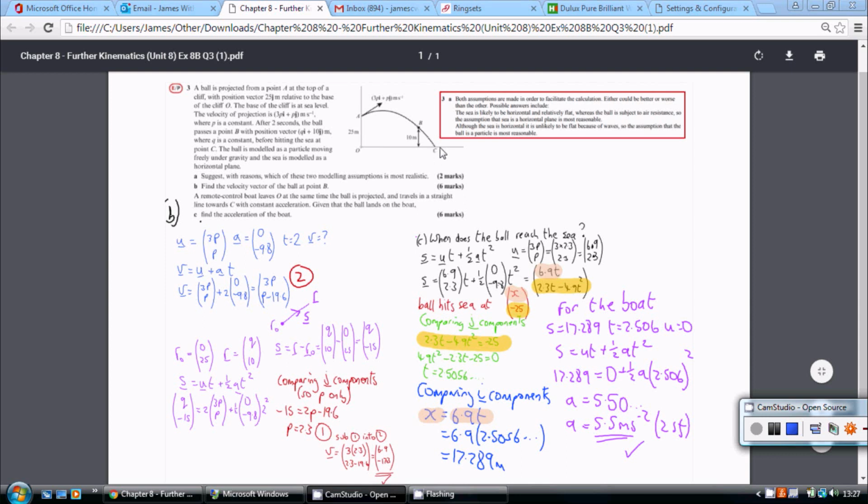So what do we know about the boat? We know the distance it has travelled by the time it gets hit is 17.289. We know the time taken for it to get there is 2.5056 seconds, and we know the boat's initial speed was 0. So substituting that into s equals ut plus half at squared, we can work out that its acceleration was 5.5 meters per second squared.